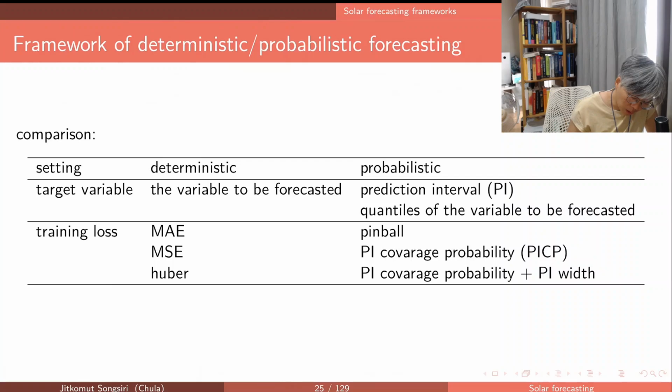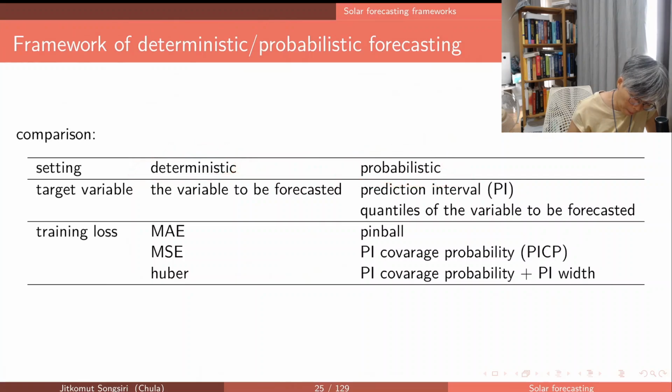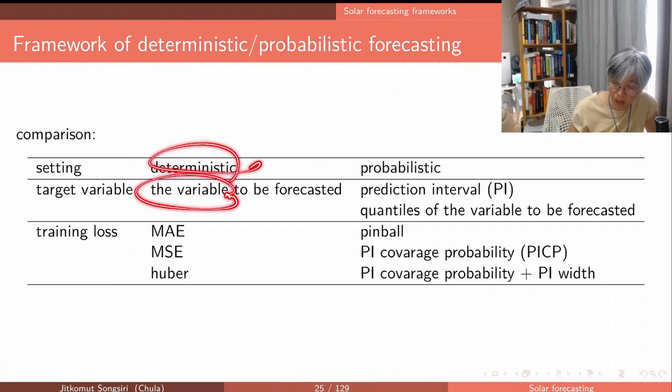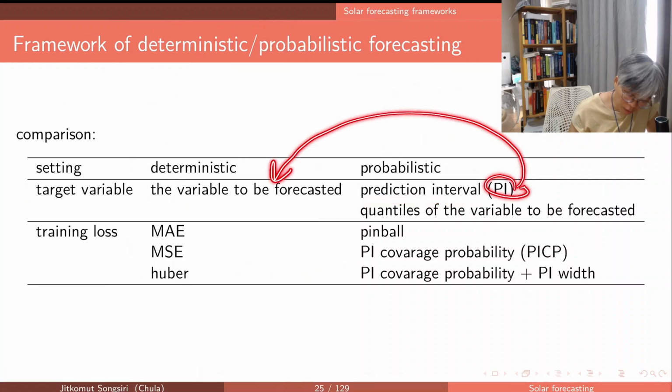So I have these two tables: the deterministic model and the probabilistic model. For the deterministic model, your output variable is the variable to be forecasted. If you forecast solar power, Y is solar power. If you have an electrical load forecasting model, that variable is the electrical load. For a probabilistic model, if it releases the prediction interval, that is the prediction interval of your variable of interest.